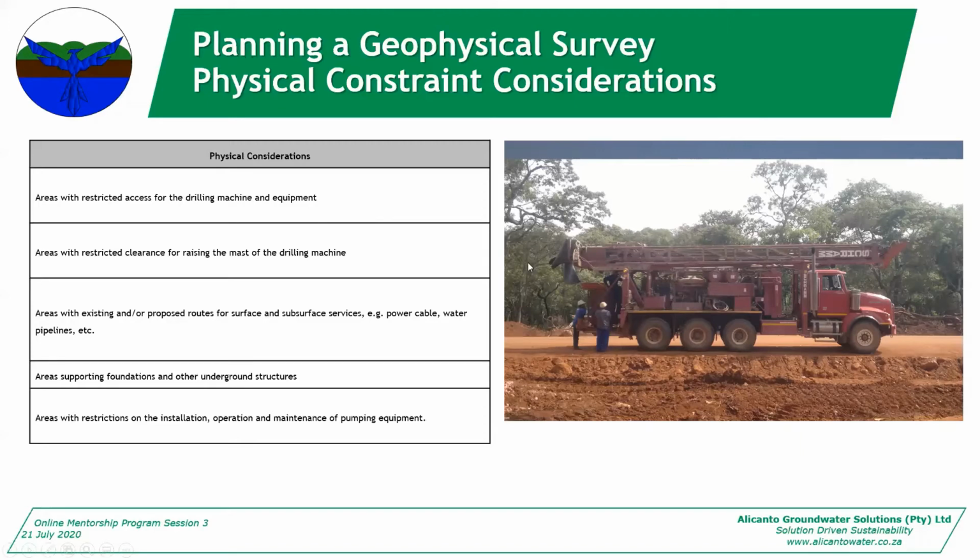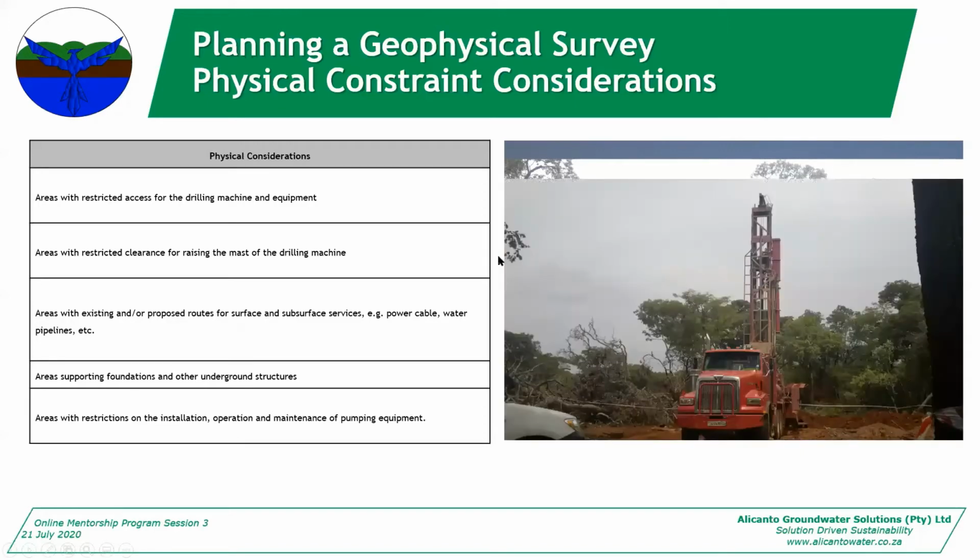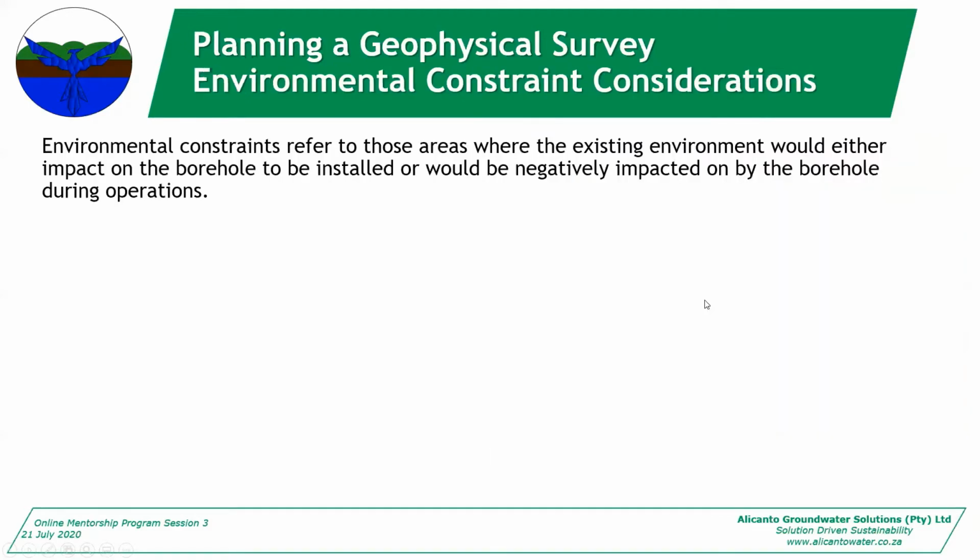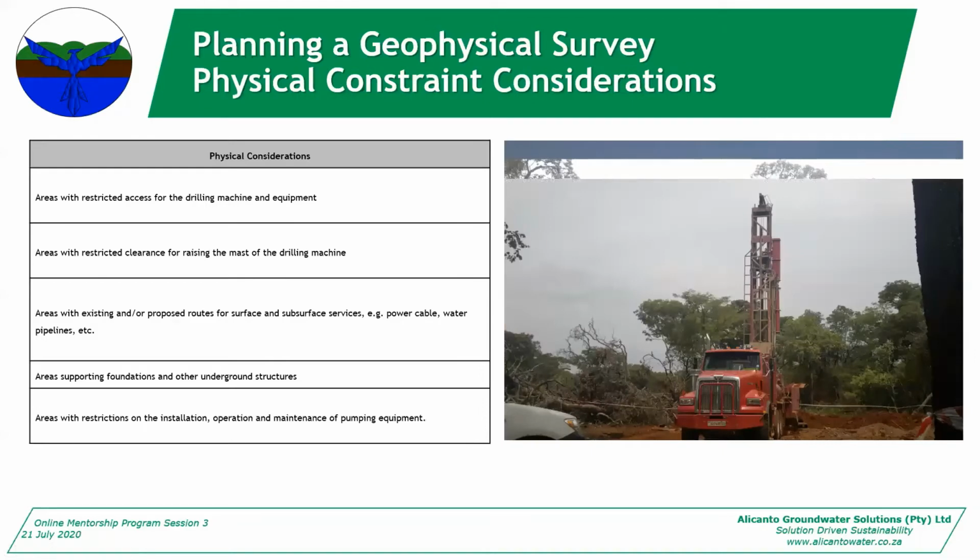Then you've got to look at areas like under trees where the rig can't get its mast up, because the mast is quite high. That mast there is probably about 10, 12 meters. So you need to make sure that you don't have any overhanging trees, because they're just going to get knocked over.